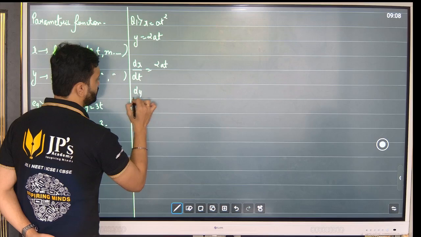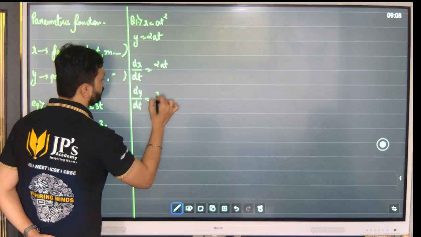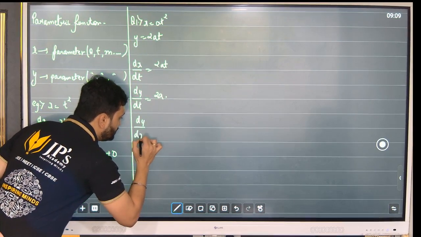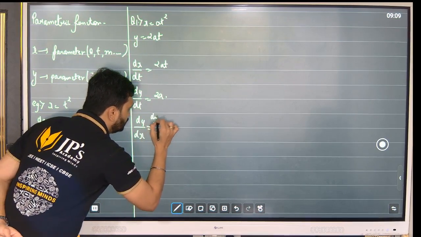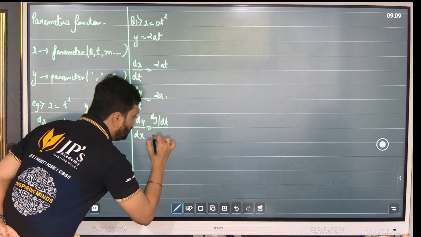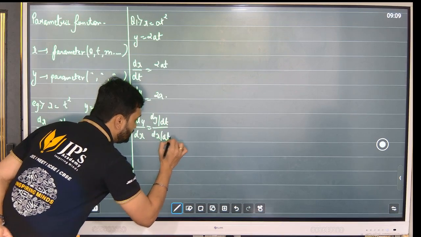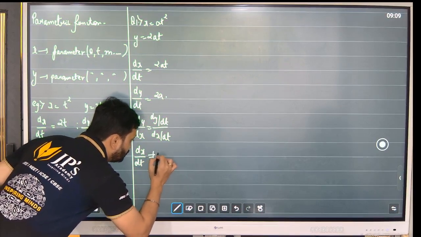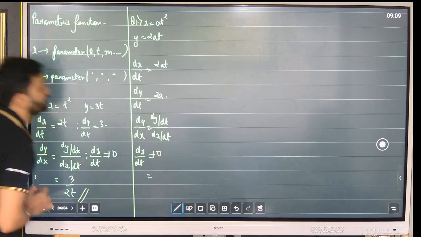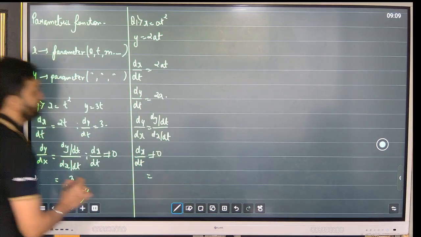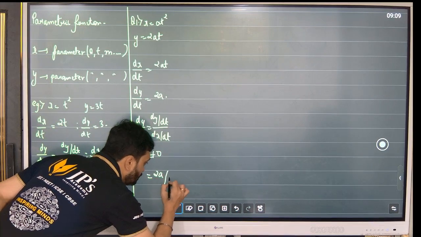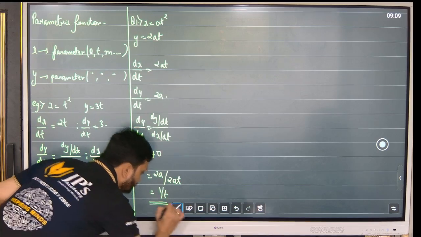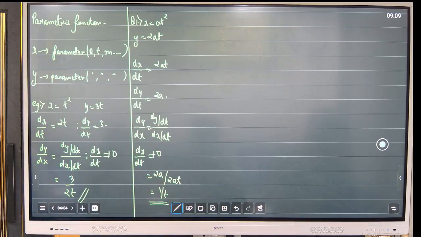Can you tell me what will be dy by dt? 2a. Now, my formula is dy by dx is equal to dy by dt upon dx by dt, where dx by dt is not equal to 0. So if I substitute here, dy by dt will become 2a upon 2at. So guys, what is the answer? 1 by t. This is the answer.